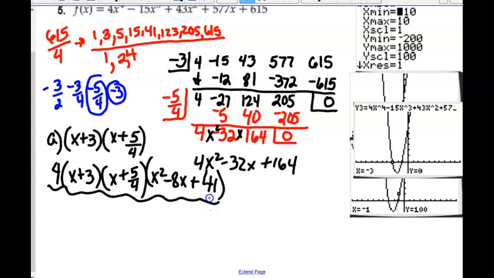The other option, that's a 41. That looks really funny. I don't know why. The other option would be you could have written, if you multiplied the 4 through this one, it would have come out as 4x plus 5. Would that still be negative 5/4?